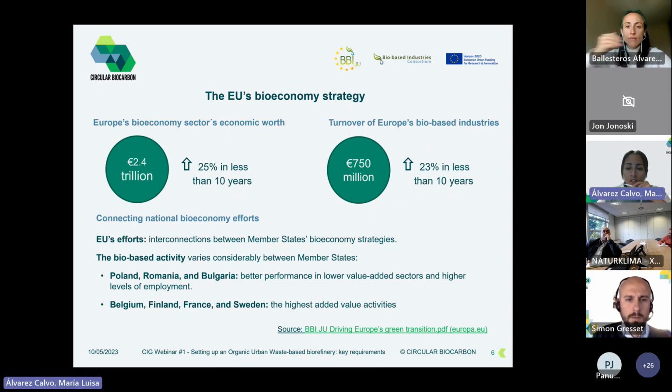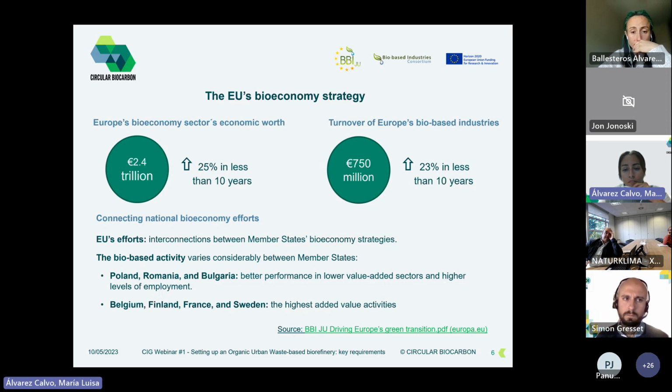According to the connection of national bioeconomy efforts, at a European level, efforts are strongly geared towards creating interconnections between member states' bioeconomy strategies, which are now in place in all the countries. However, the nature of the bio-based activity varies considerably between the member states.